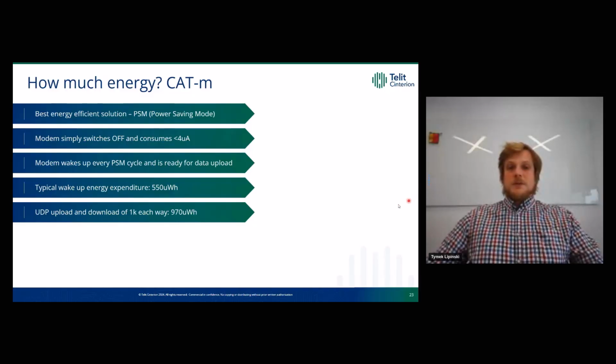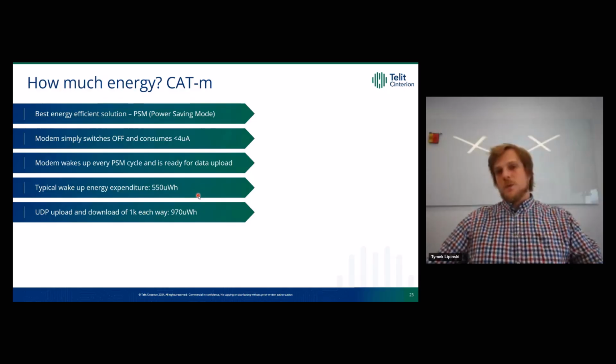UDP upload and download, 1 kilobyte each way, 970 microwatt hours. This is not on top of the 550. 550 is just, we were sleeping, we wake up, ready for data upload, nothing to do, go back to sleep.